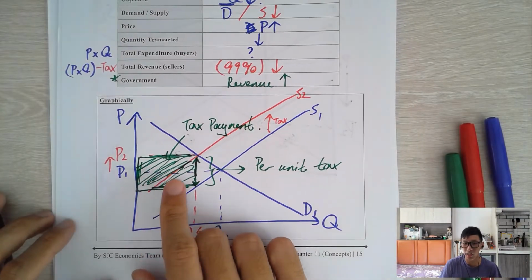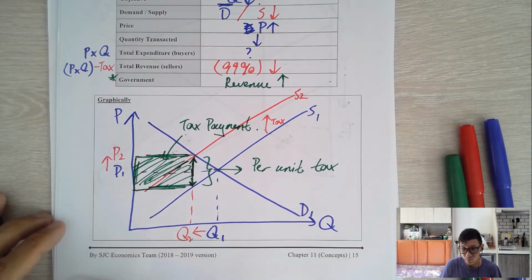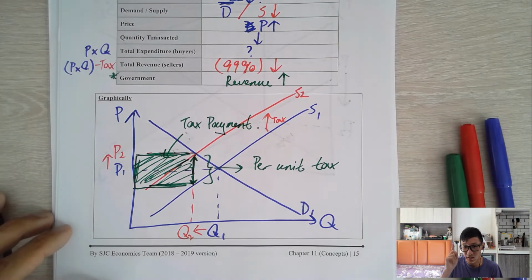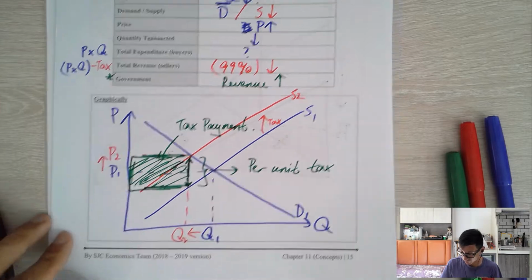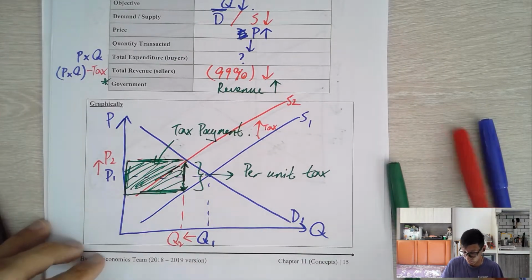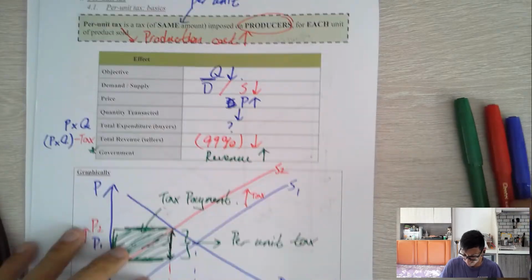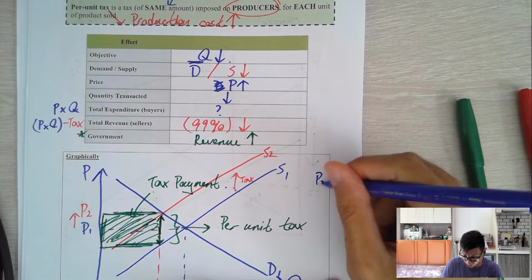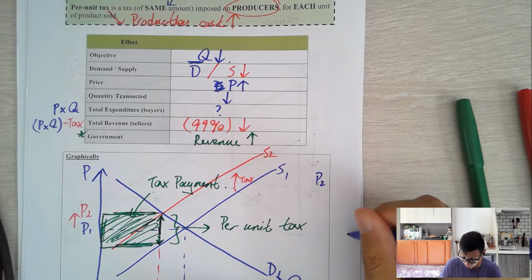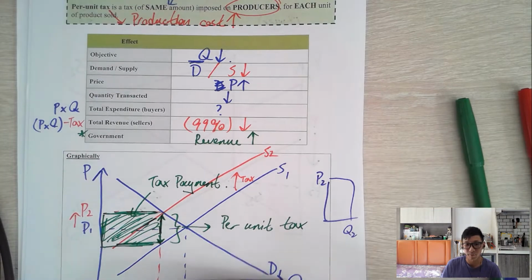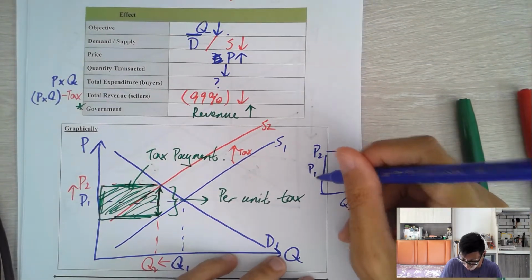This is the tax they have to pay. Here you will see it's getting a little bit complicated, so let's break down this rectangle. Earlier, we said here we have P2, we have Q2 right here. We have a rectangle here. P1 right here.